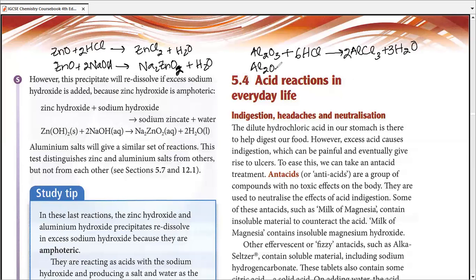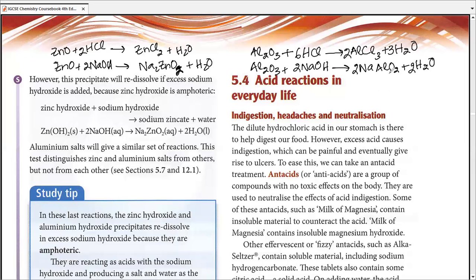In another reaction, we can react it against the alkali NaOH, and it gives us this product. The equation balances somehow.